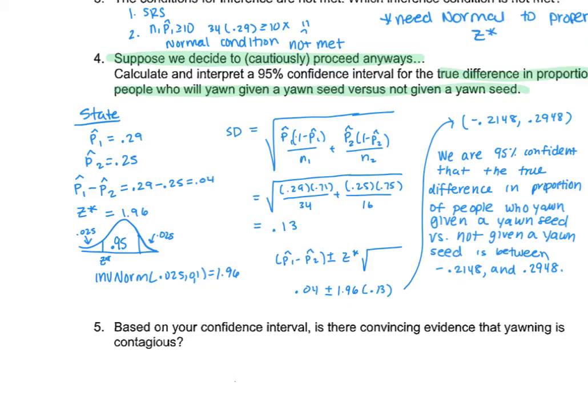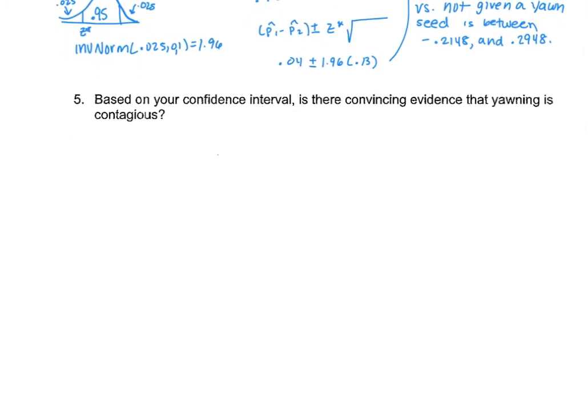So that means the interval has some negative and some positive values. So we aren't actually sure which one's going to be higher consistently, because some values in our interval are negative, which means P2 is greater than P1, and some values in our confidence interval are positive, which means P1 is bigger than P2. So we can't be confident that one is higher than the other because some parts in our interval are negative and some parts are positive.